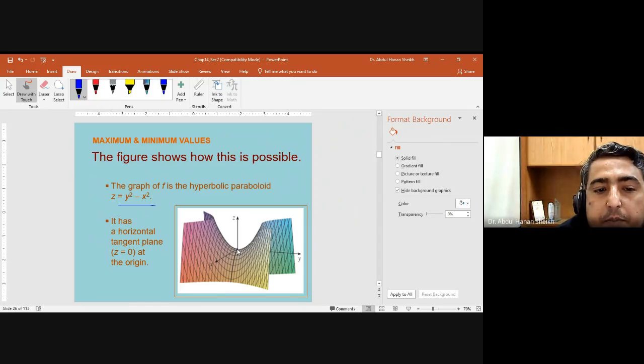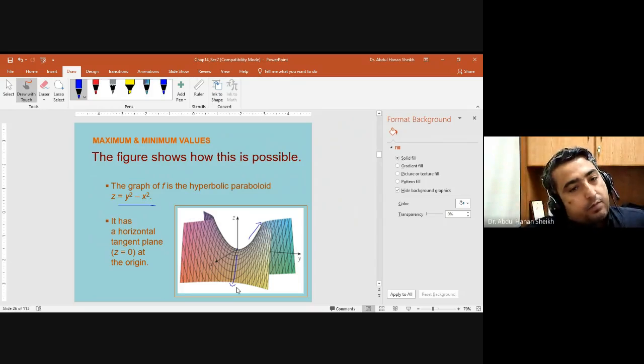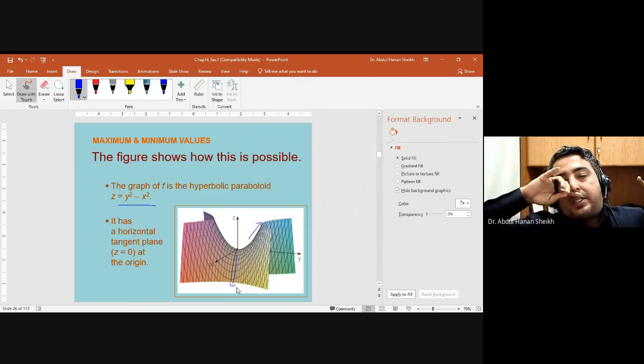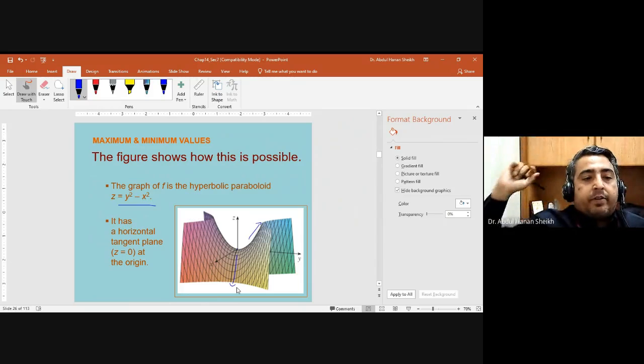Now this is neither minimum nor maximum, because if you go along this path, you will have more maximum points, and if you come along this path, you will have more minimum values. And these values go to infinity. So basically there is no extreme value. You can go to plus infinity and to minus infinity.